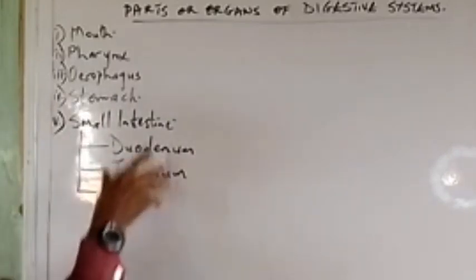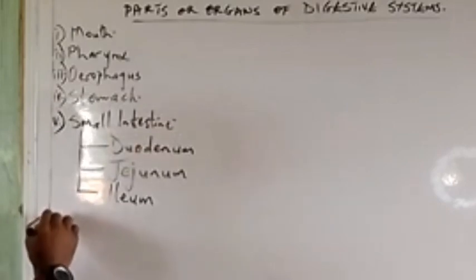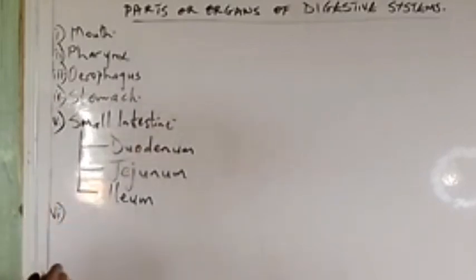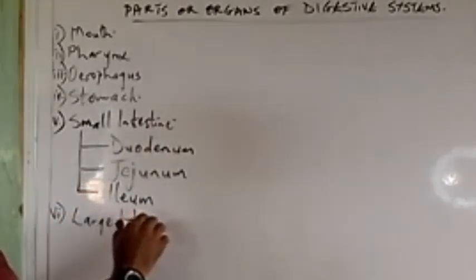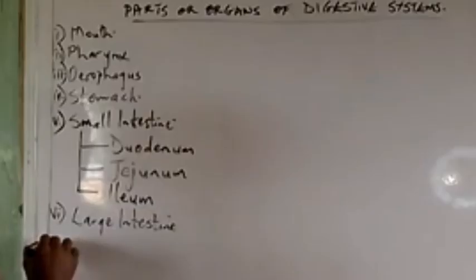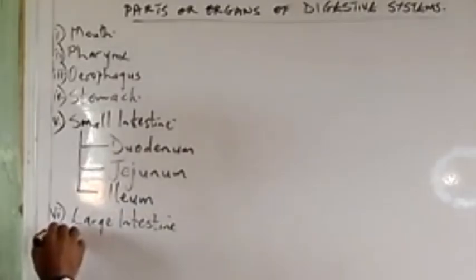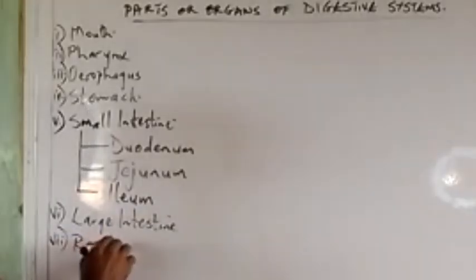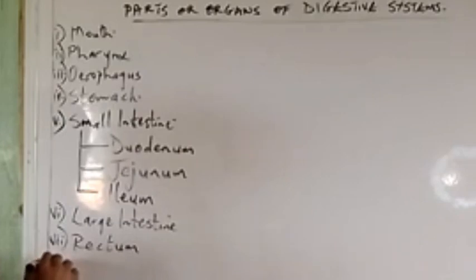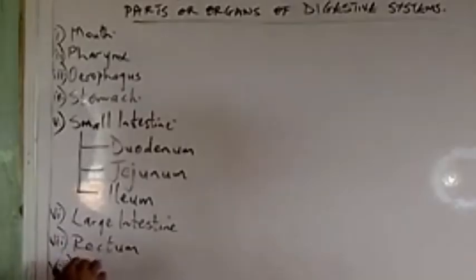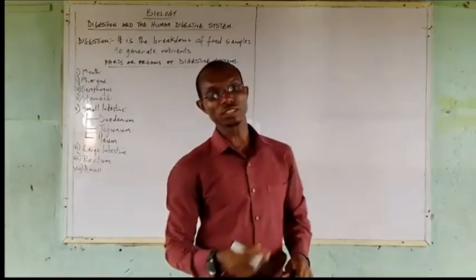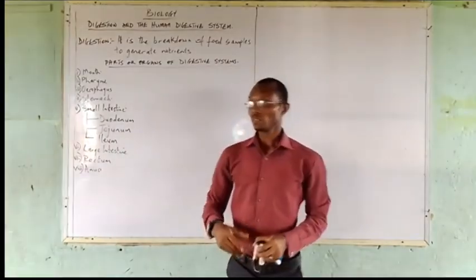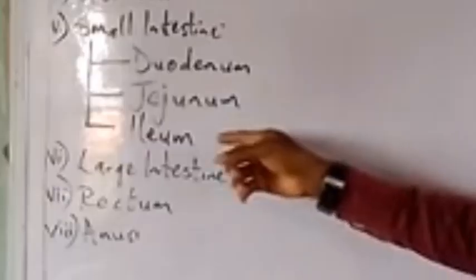The ileum is the third part of the small intestine, and after that we have the 6th part, which is the large intestine, and then we have the 7th, which is the rectum, and then the 8th, which is the anus.